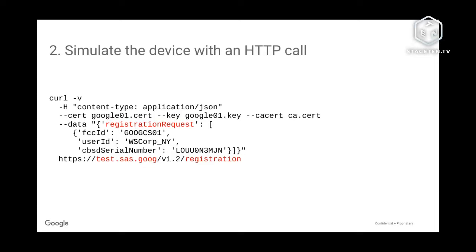I provide the same FCC ID, user ID, and CBSD serial number that I had in the last slide that I saved in the SAS portal. And then I use the test.sas.goog URL, and I provide the registration endpoint so that our SAS is able to take this data and correlate it with the data that's been entered into the SAS portal.